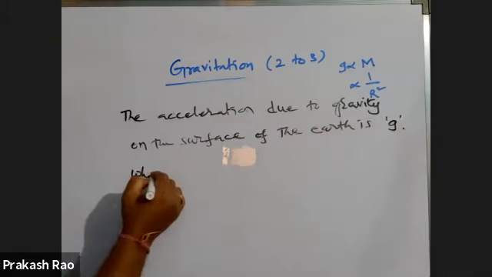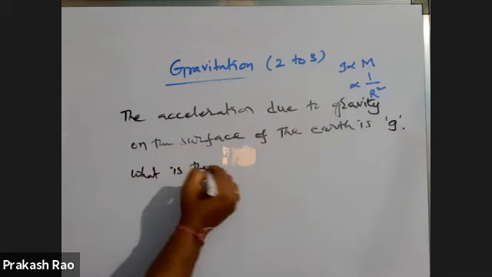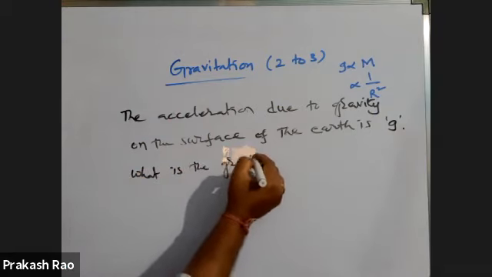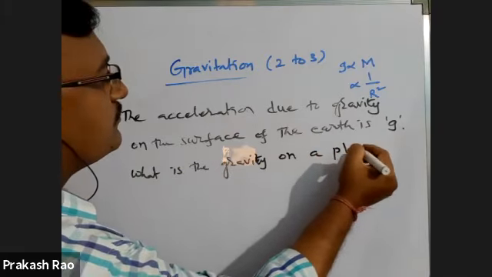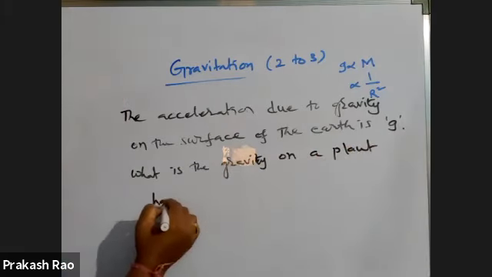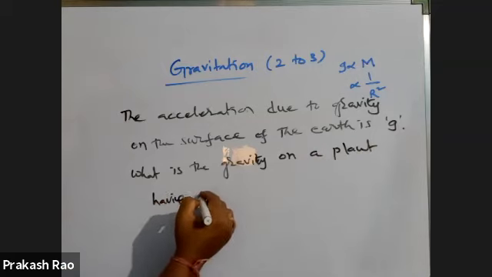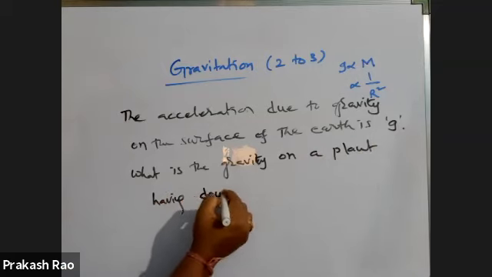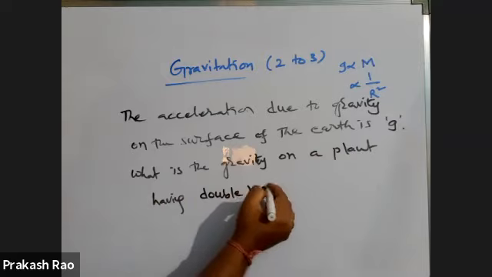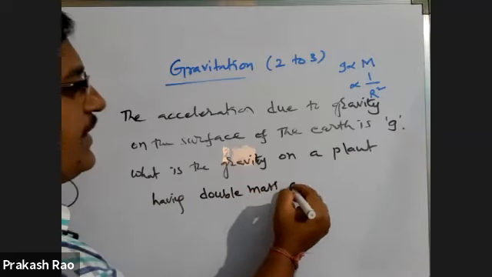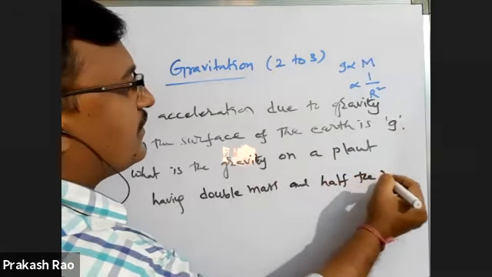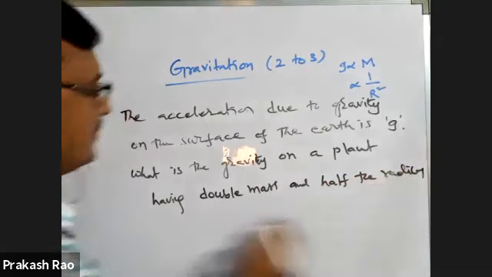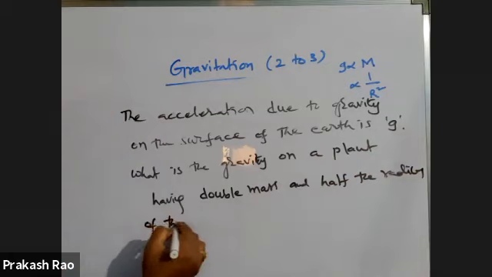What is the gravity on a planet having double the mass and the same radius of the earth?